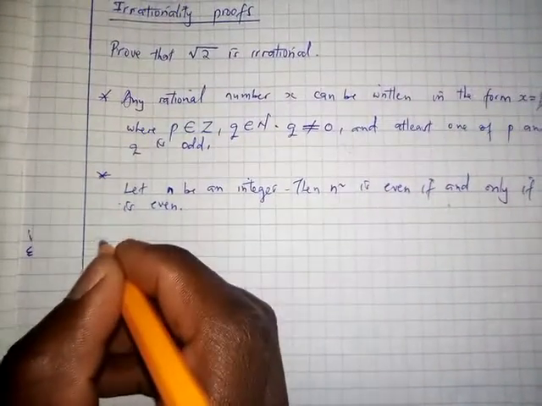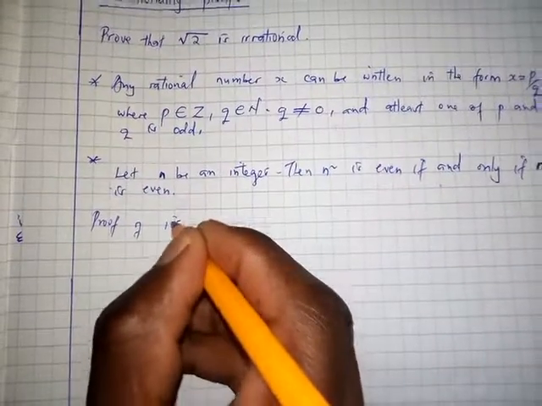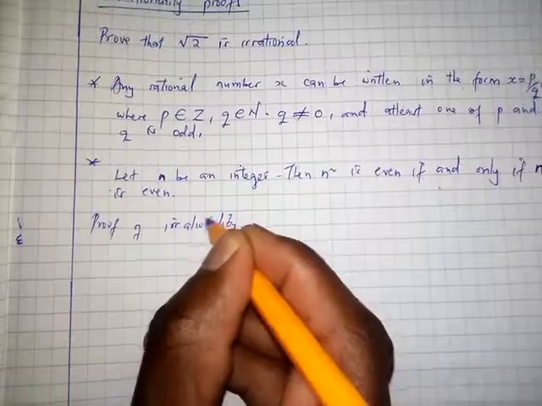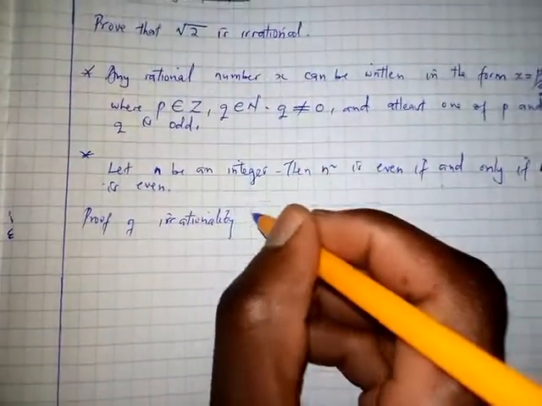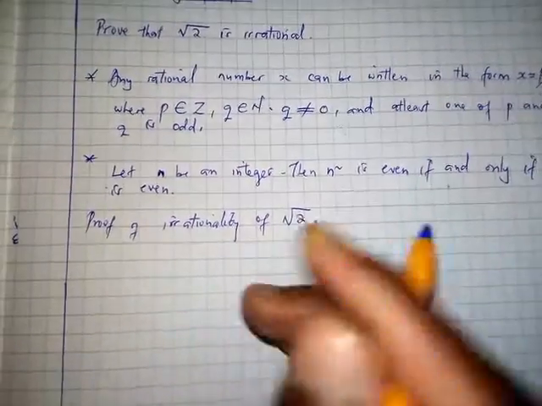So let's prove the irrationality of root 2, or the square root of 2.